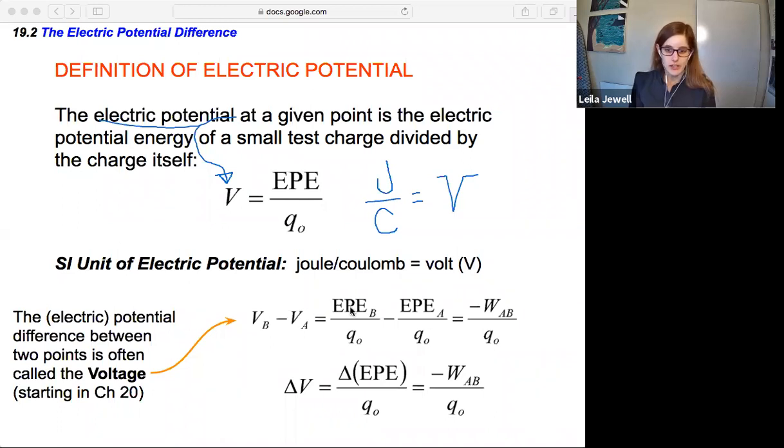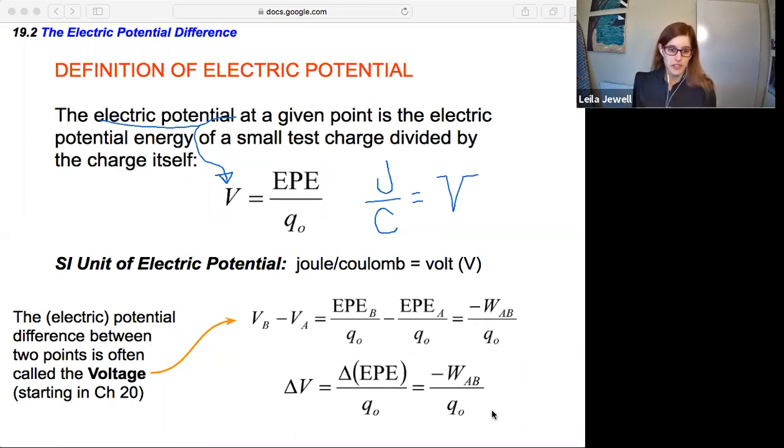And instead of writing out all of these terms, we could use a delta. VB minus VA, or V final minus V initial, is just delta V, the potential difference. It's equal to the change in electric potential energy divided by Q naught, which is negative the work done moving from A to B divided by Q naught. So this allows us to go back and forth between a change in potential energy and a change in potential.